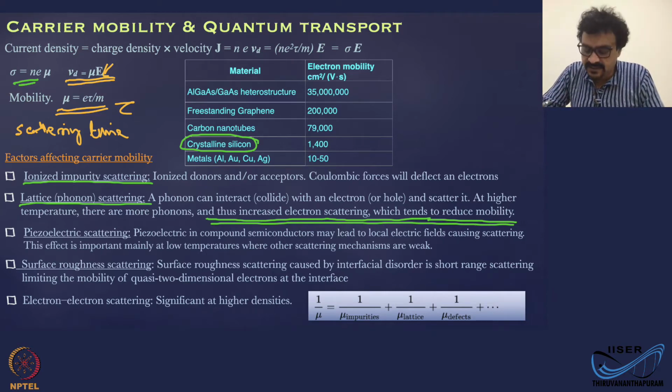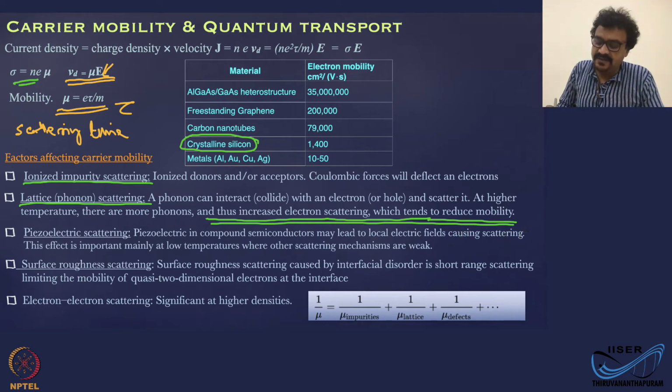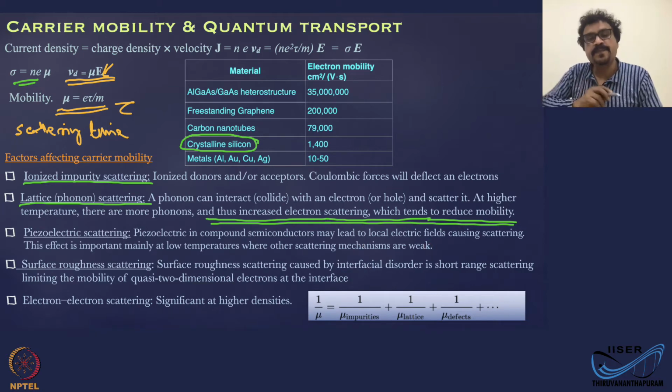Then there is a third reason, which is generally found in compound semiconductors such as gallium arsenide, where the system lacks the symmetry, and you'll have piezoelectric behavior in this material. So that can have electric field distribution inside because of the lack of symmetry, which actually can scatter the charge carriers.